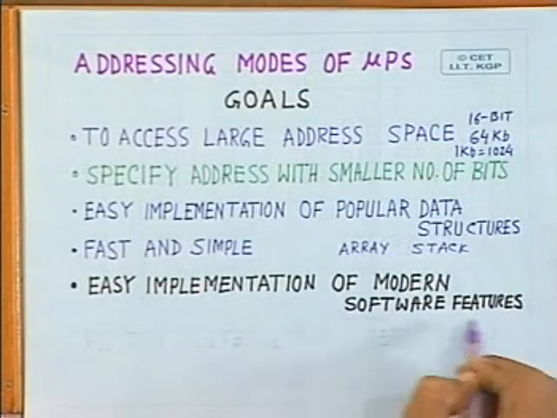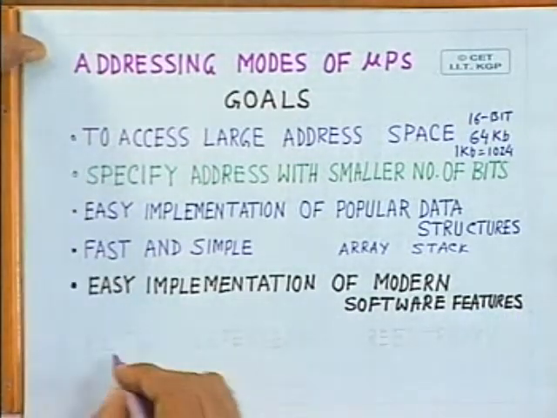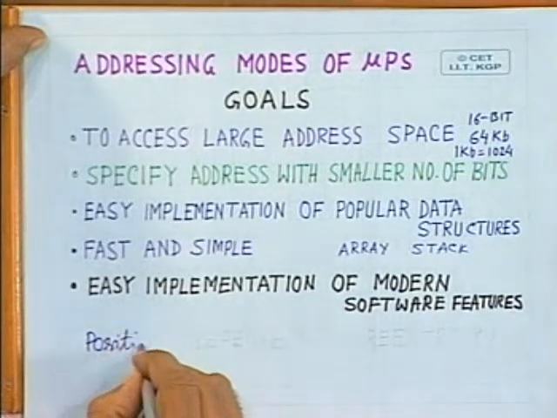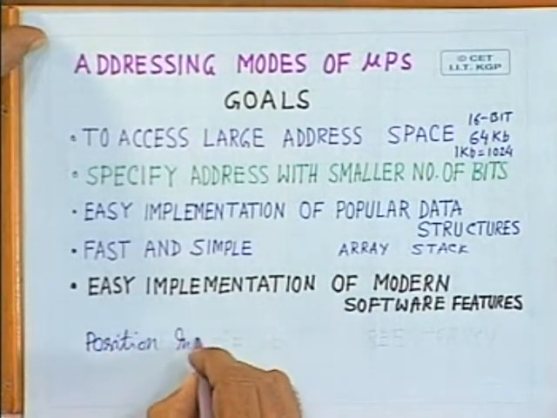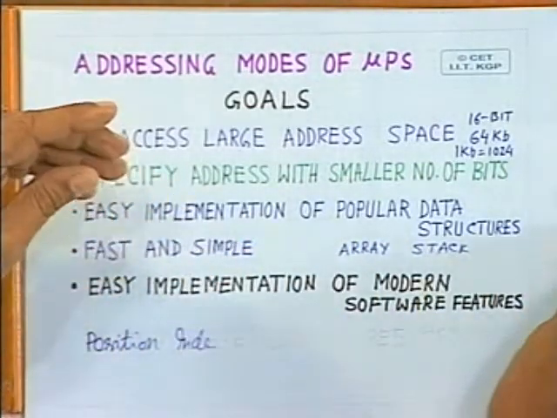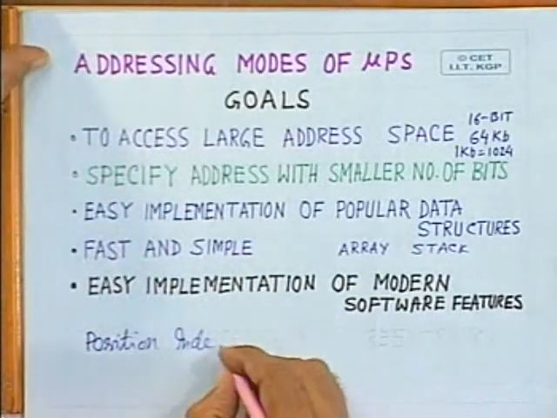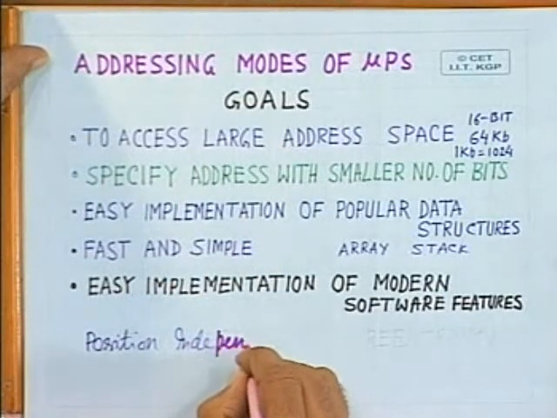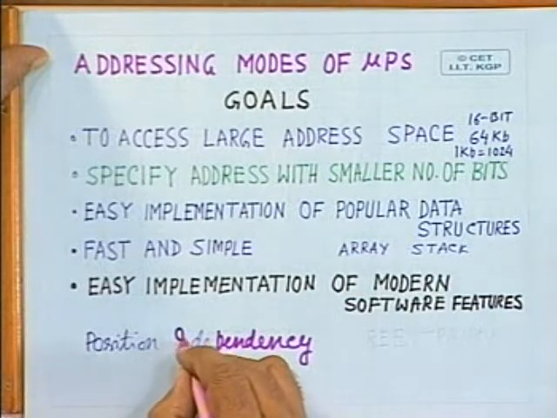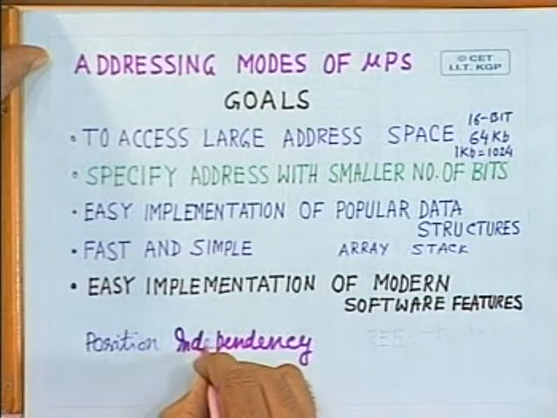Finally, the addressing modes should provide easy implementation of modern software features. What are the modern software features? For example, one is position independency. Position independency is one important feature.